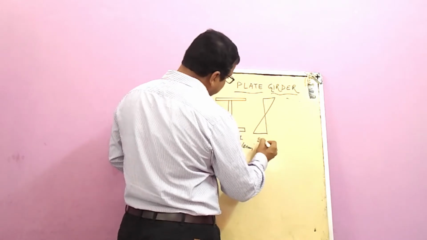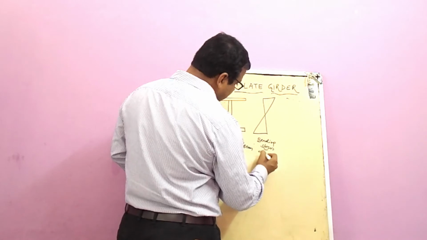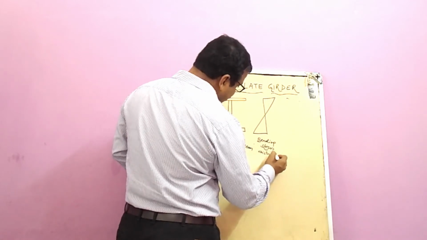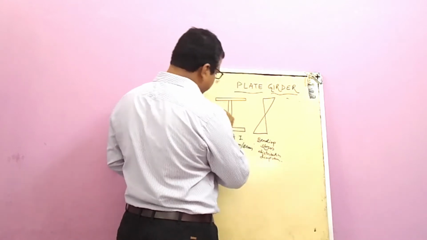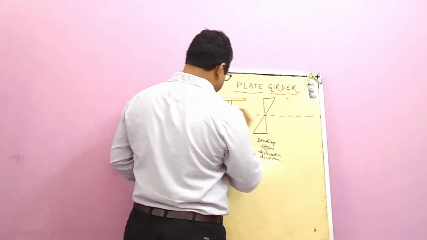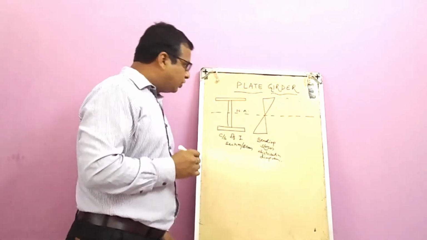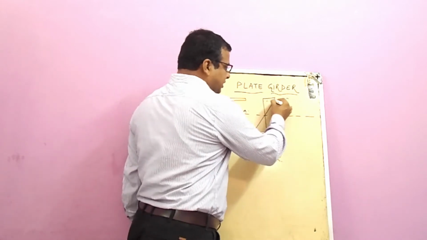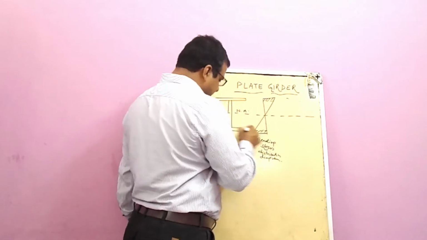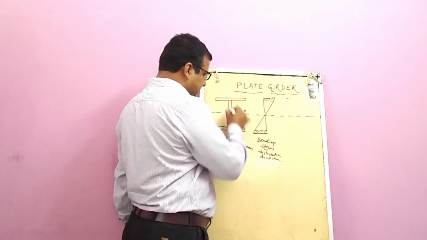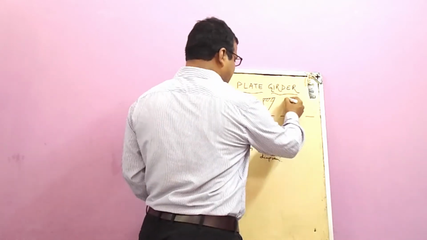This is the bending stress distribution diagram, and this will be the neutral axis. Now we can observe from the figure that the major part of the bending moment is taken care of by these flange plates.